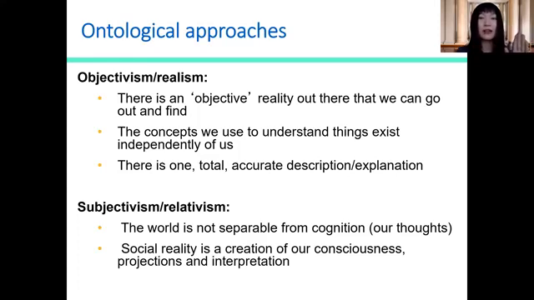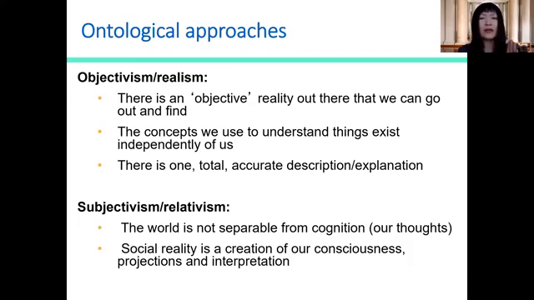And the other extreme is subjectivism. Subjectivism is the total opposite of objectivism. There is no such thing as a single reality. There are multiple realities, and all the realities are influenced by concept and by context. So the reality does not exist unless it is built on a certain context, for example a geographical context, an economical context, or a cultural context.